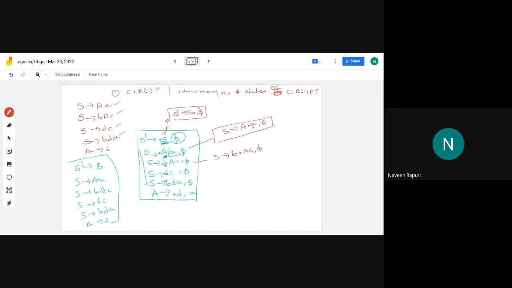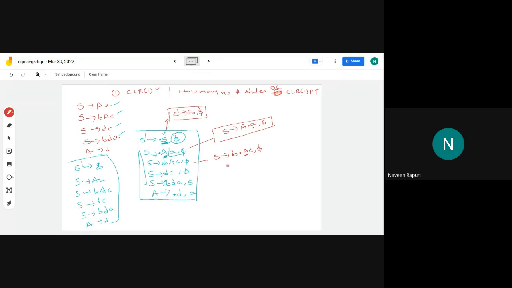Here after dot we are having capital A, so we need to add the A productions.